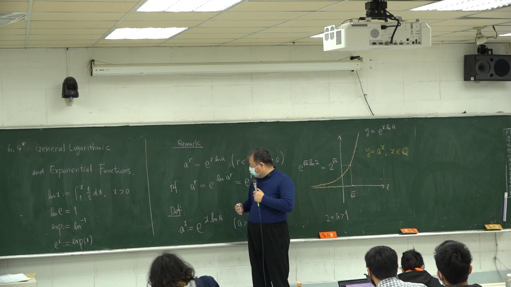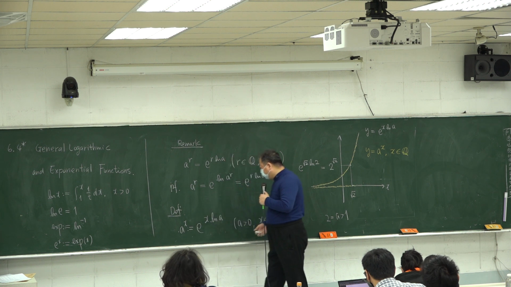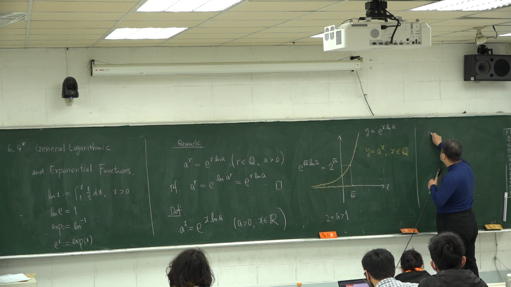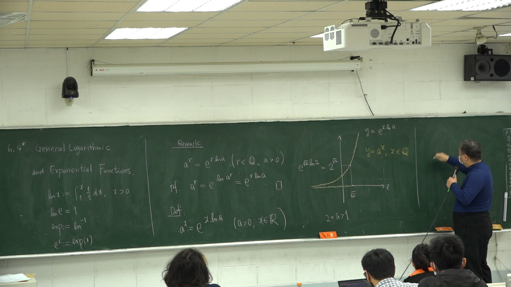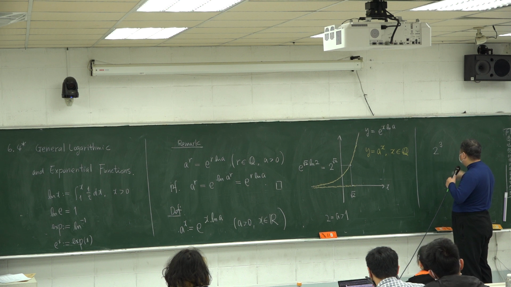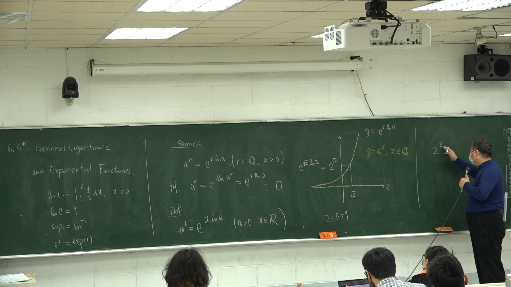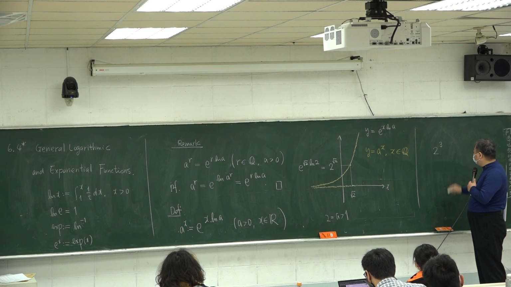Let's study the consistency. If a equals e, no problem. You will see 2 to the 3, because 3 is an integer, of course, it is a rational number.